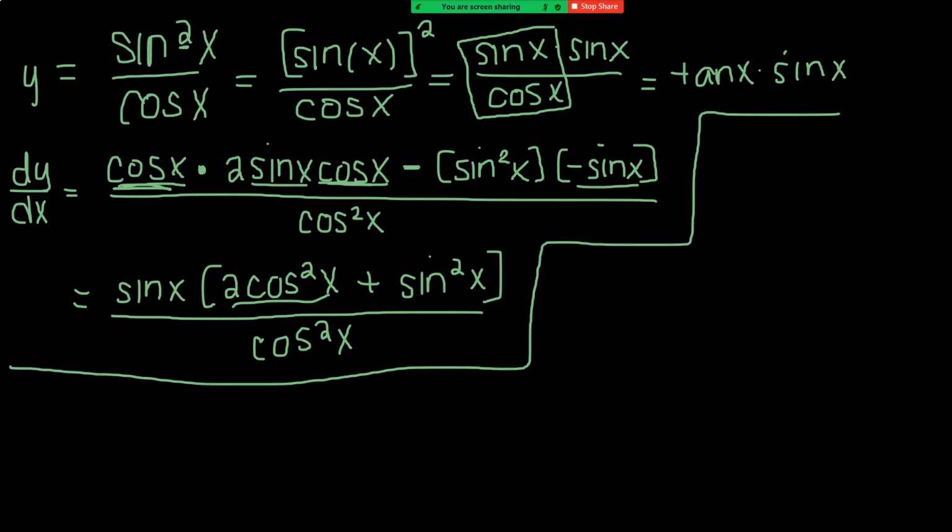So then that could have been dy dx equals the first times derivative of the second plus the second times derivative of the first.